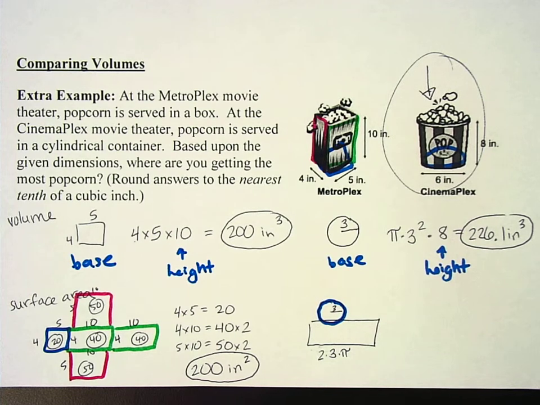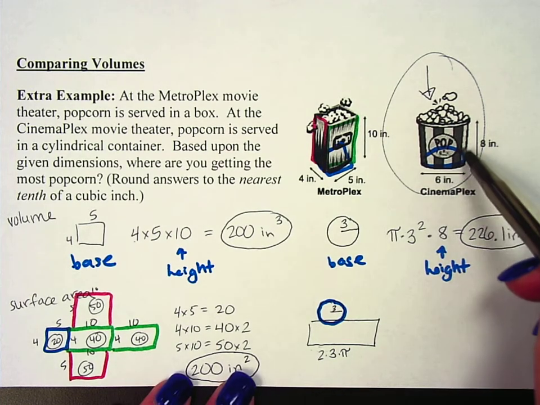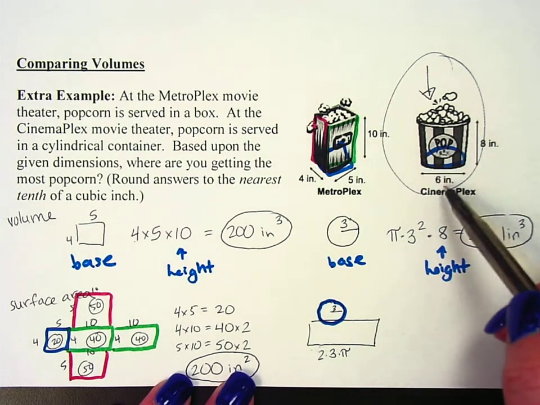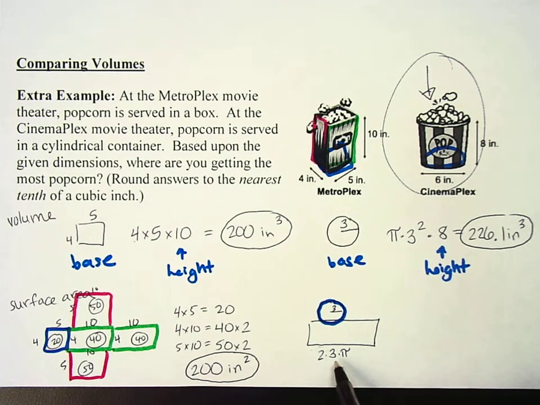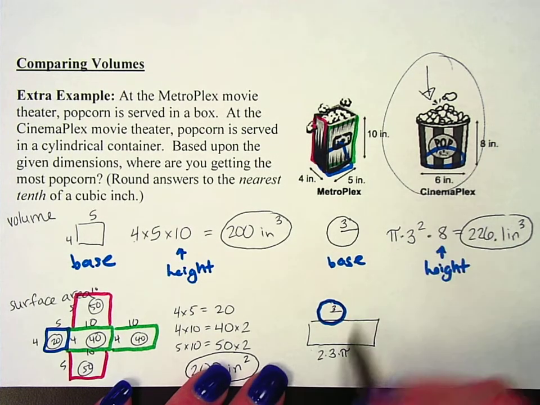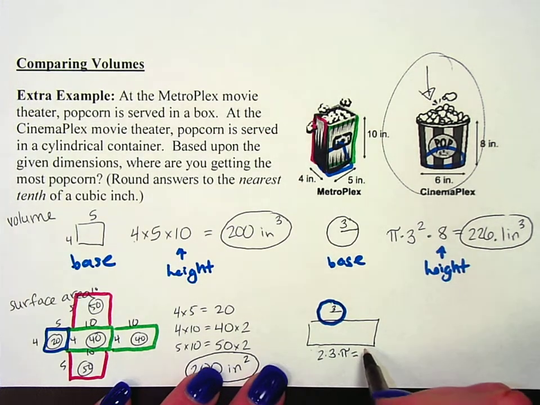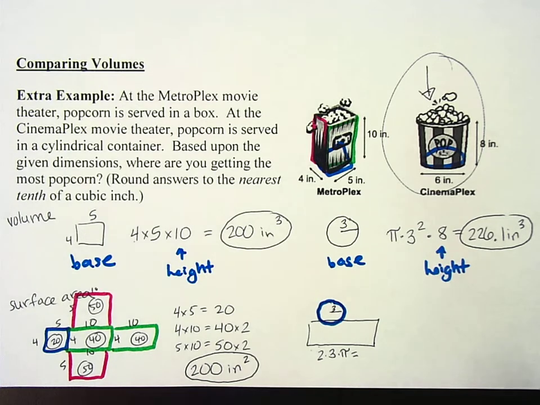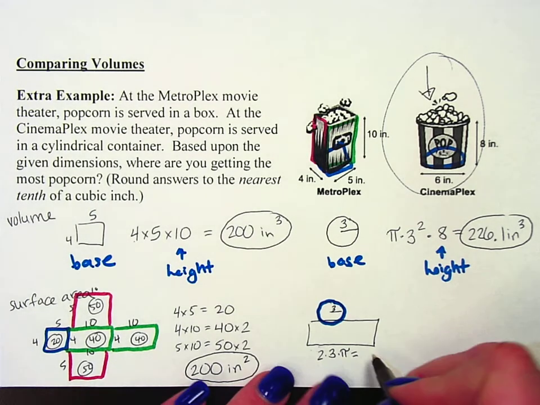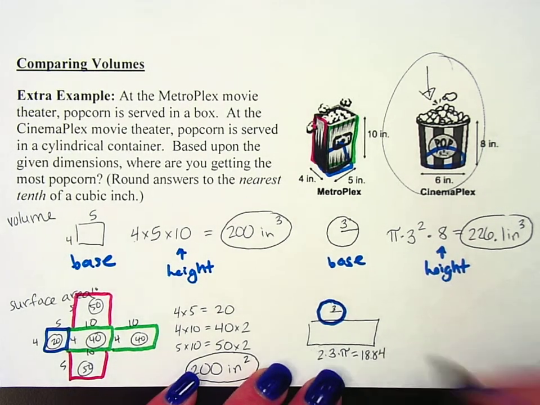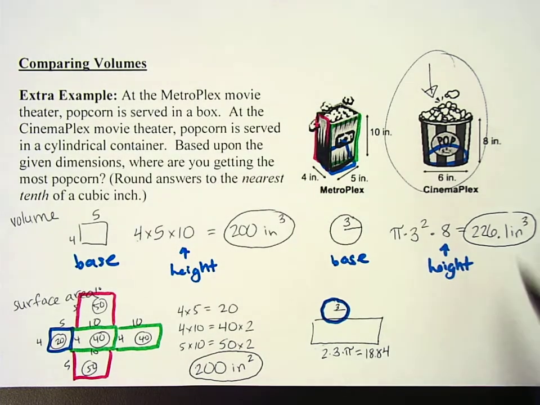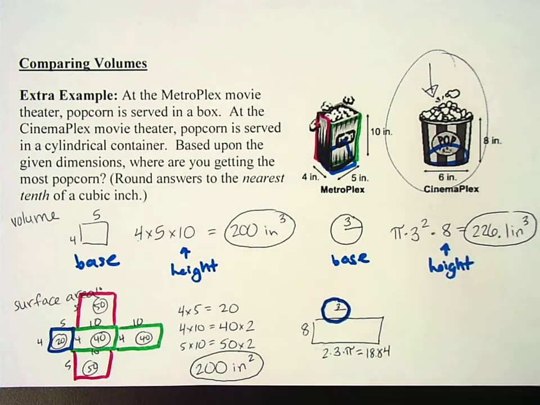Okay, so it's hard to see in the picture, but if I was to wrap this around, it's a little bit more than 3 times 6. So pi times my radius times 2, or times the diameter. So this one wrapping around, the length of the box would have been 18.84. And then my height is 8.